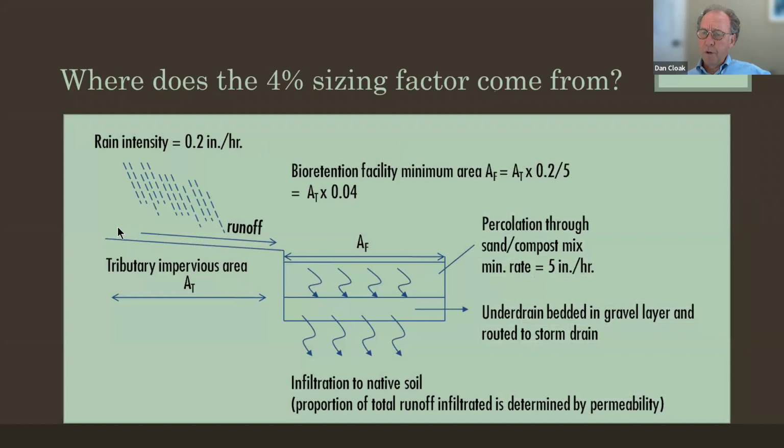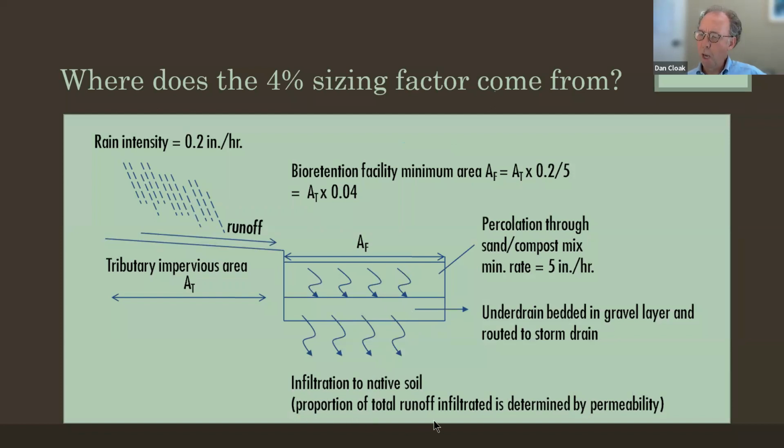So the way a bioretention facility works is the runoff comes in and is percolated through the sand compost mix, and the vast majority of the time, for typical rain events like the one that we just blessedly had, that runoff will collect in this layer here below the underdrain and be infiltrated into the native soil.